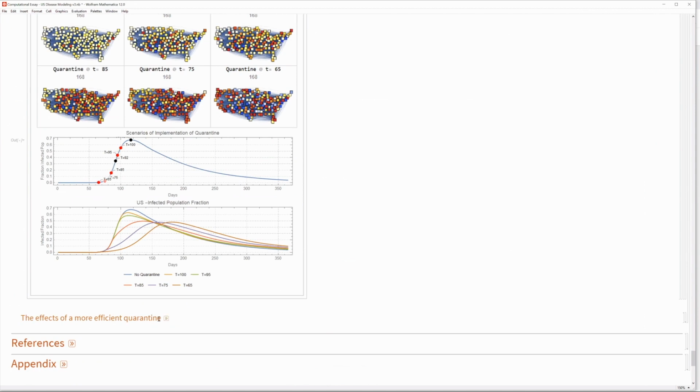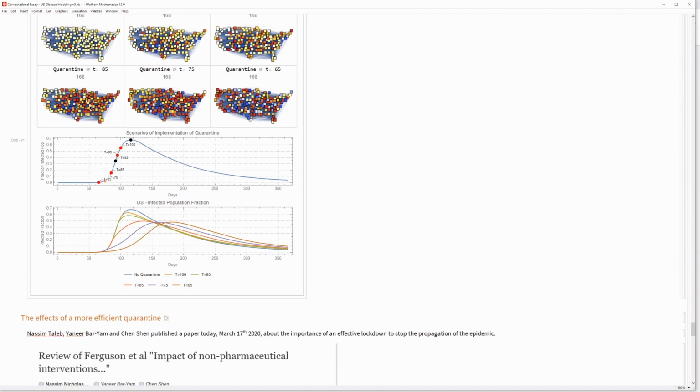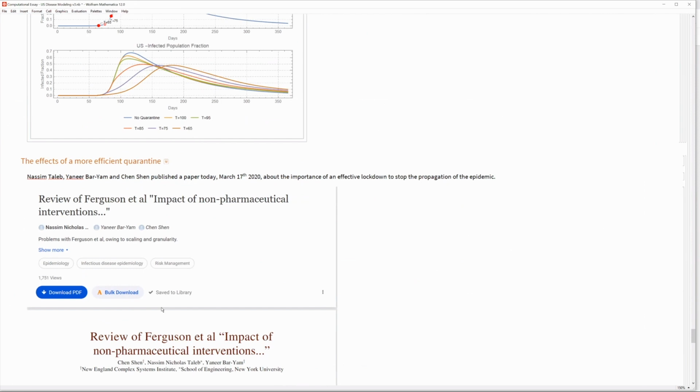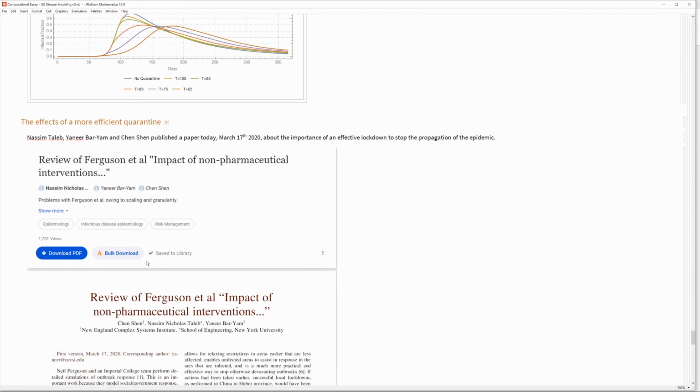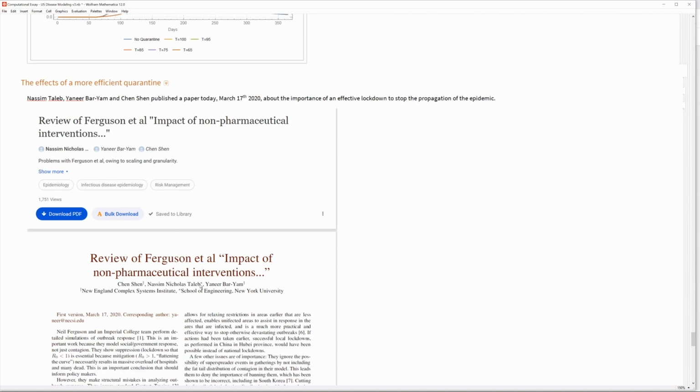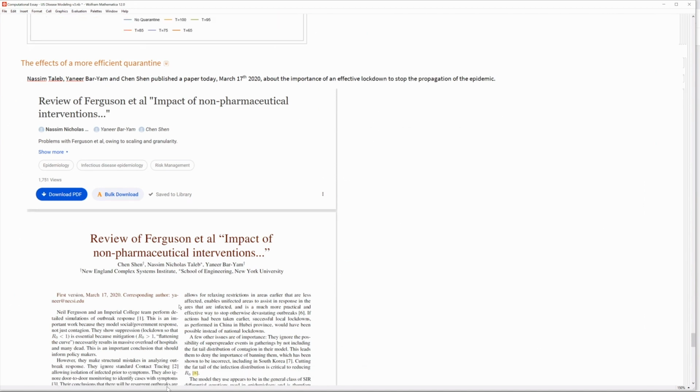And today, if you check Twitter or academia.com, Nassim Taleb, Yaneer Bar-Yam, and Chen Shen published a paper about the impact of non-pharmaceutical actions, which is basically lockdowns or quarantine, things that have been tried for many years since medieval times, something that is Lindy.